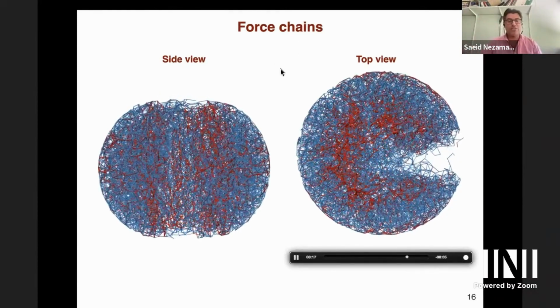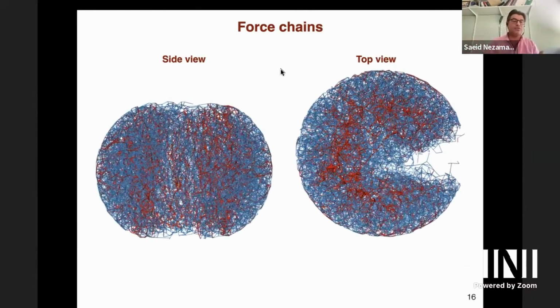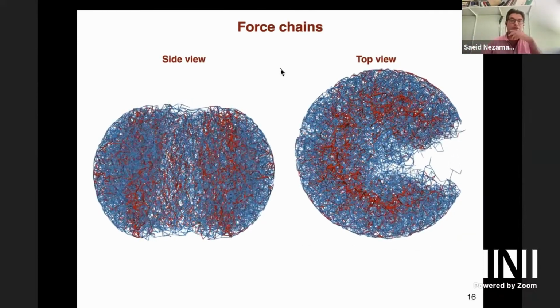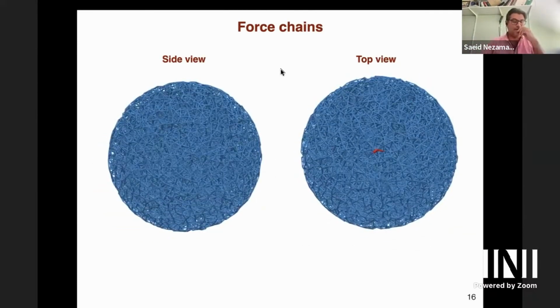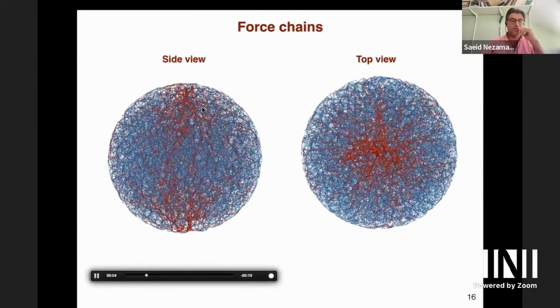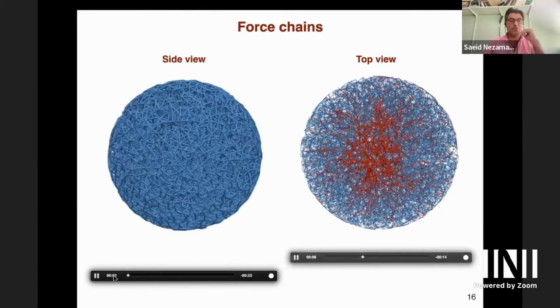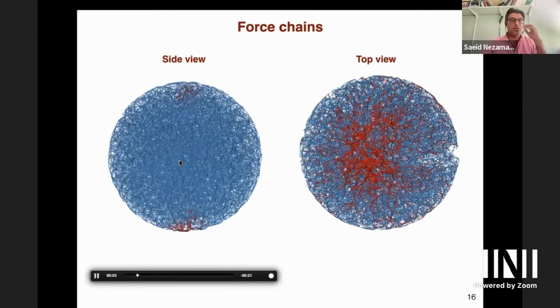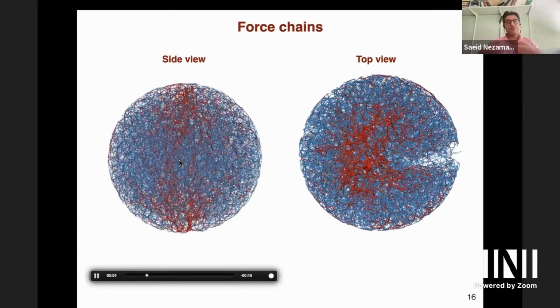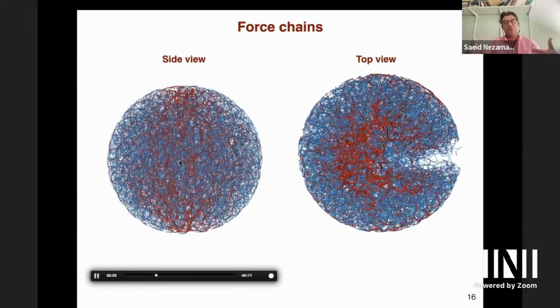These are the lines that connect the centers of the particles. The red one is the repulsive. So you can see that at the beginning, we have only the cohesive force. After that, we start to have the repulsive force, and the agglomerate starts to break, as you can see.